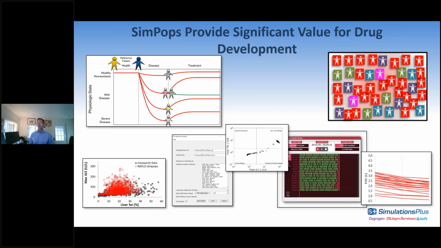And so by providing a large SimPops that really includes a diversity of patients across the pathophysiologic and clinical spectrum, it enables users to select specific subsets or sim cohorts that really allow you to simulate a specific clinical trial throughout the pipeline. Again, we develop our SimPops with all of this in mind, that versatility, that utility. And we've gotten some fantastic feedback along the way.